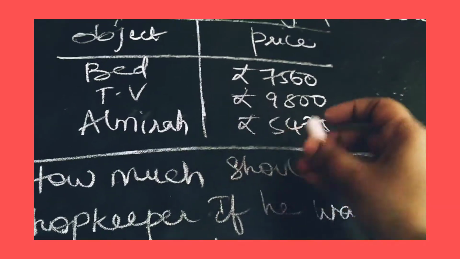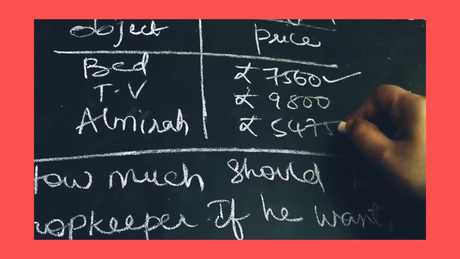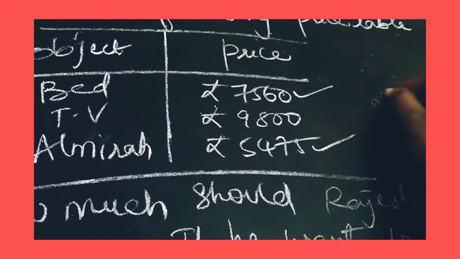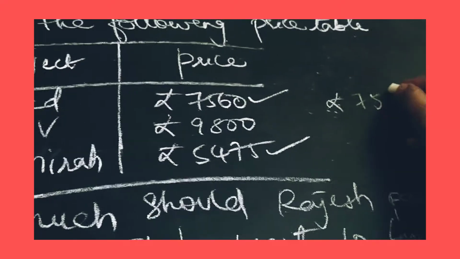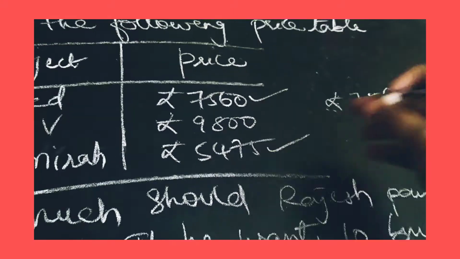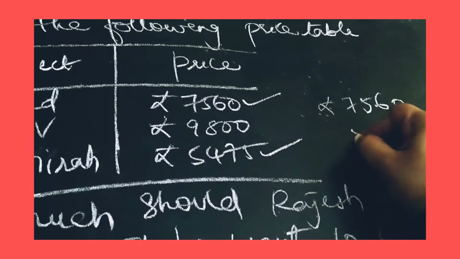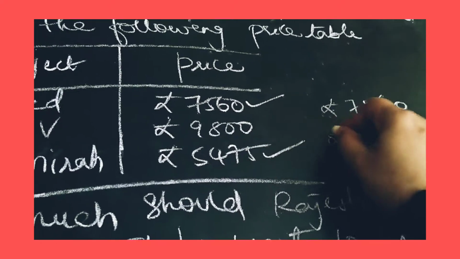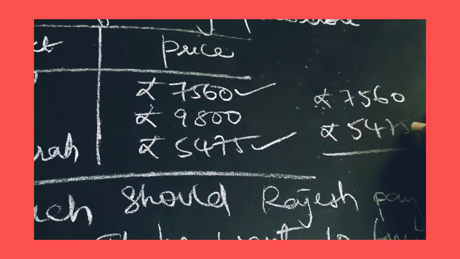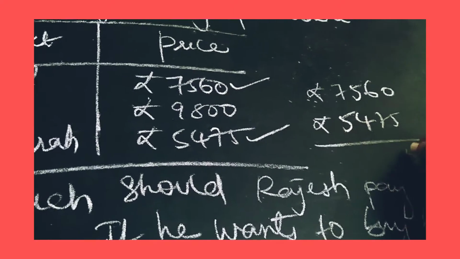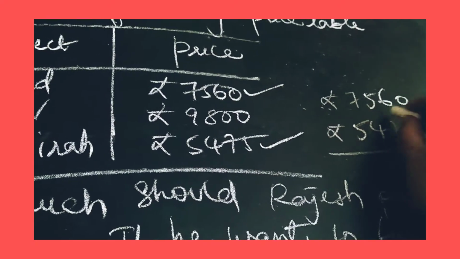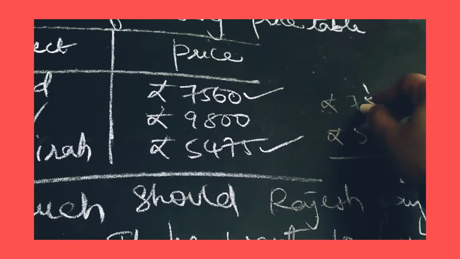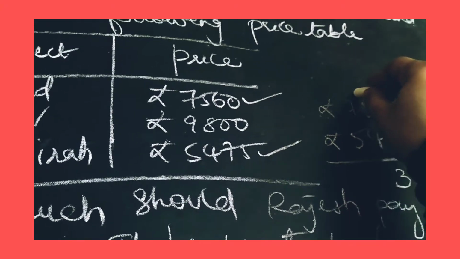So bed and almirah means you have to take the bed and almirah cost. What is the bed here? Rupees 7560. Okay, and almirah is 5475 rupees. So you have to add both of these. 0 plus 5 is 5, then 6 plus 7 is 13. So 5, 4 plus 5, 1 is 5, then 10.